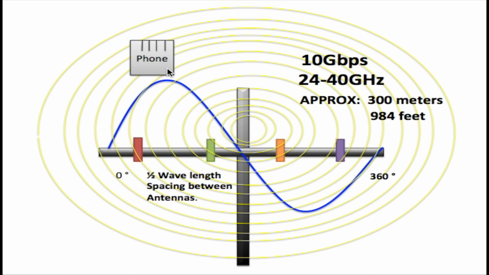Today we're able to change the phase on each one of these antennas in order to eliminate all of this radiated signal around the antenna and channel it in one direction towards the phone. All of these signals will be bonded together in a beam. And that's what we're going to be talking about in this video.